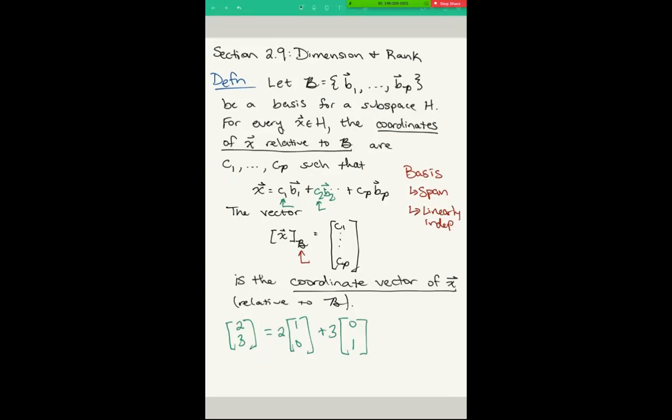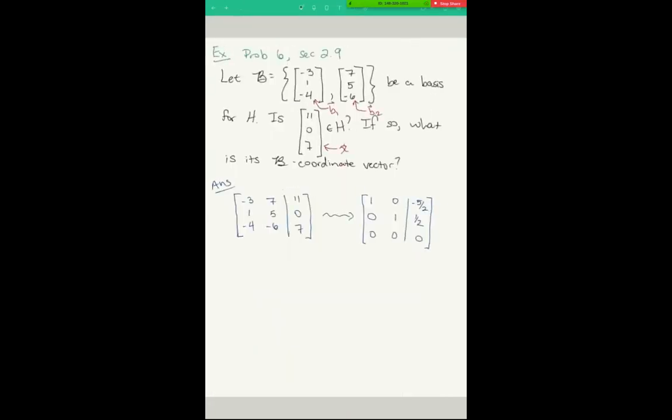So let's take a look at how we find a coordinate with respect to a basis that isn't the standard basis. This is an example of problem 6 from your textbook, section 2.9. And our question is here, we've given ourselves a basis. In particular, this basis has two vectors, b1 and b2.